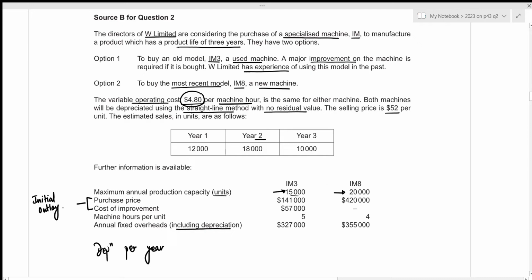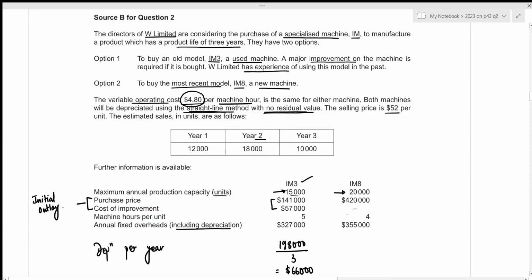And remember that we were told both machines will be depreciated using the straight line method with no residual value. So we can just divide the initial outlay by the number of years, which is 3 in this case. So for our machine IM3, our initial outlay is 141,000 plus 57,000, which is 198,000. Let's divide it by 3. This gives the depreciation per year of 66,000.